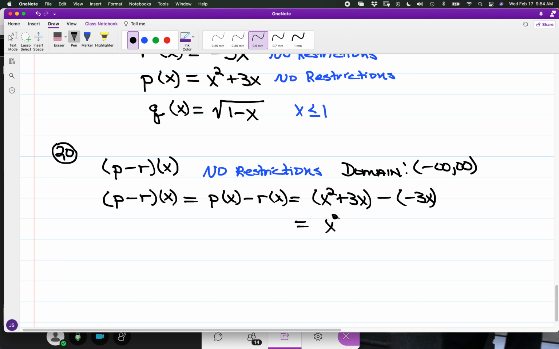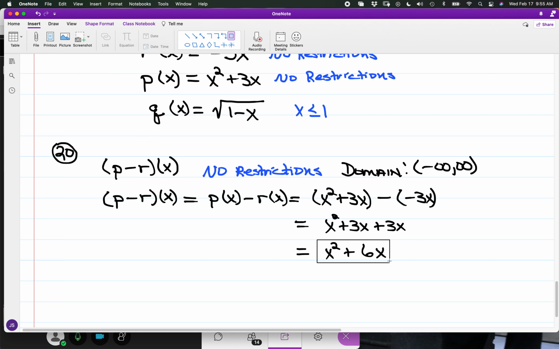So here we have x squared plus 3x, and subtracting negative 3x, we have the addition of 3x. And so for p minus r of x, this will come out to x squared plus 6x.